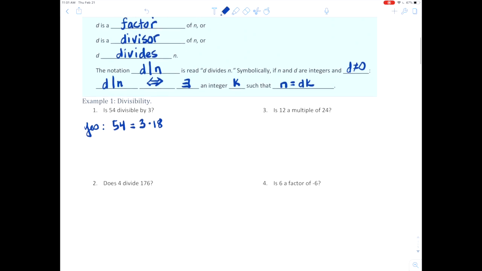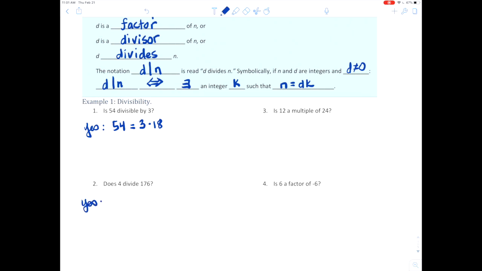Does 4 divide 76? Yes, there is a trick for 4s. If 4 divides the last 2 digits in a number, the tens and ones place, then it will divide the original number. So 4 does indeed divide 76, which means 4 will divide 176.